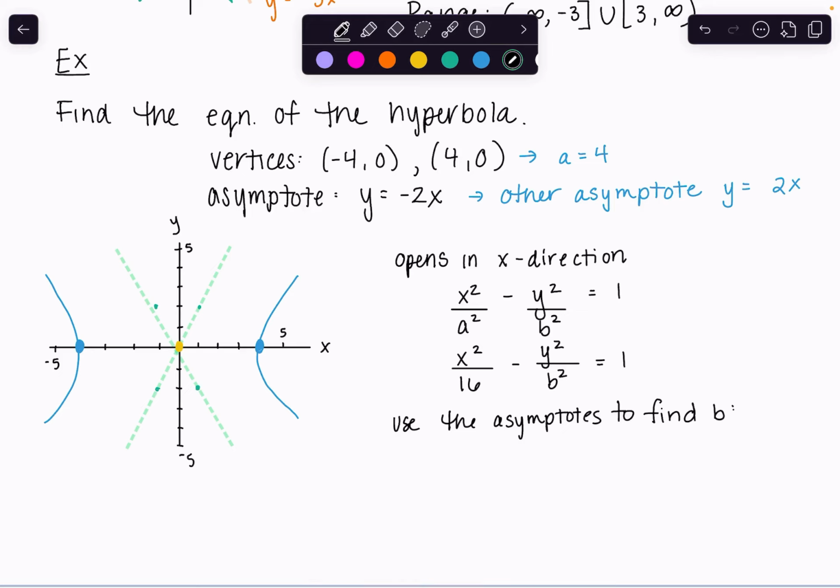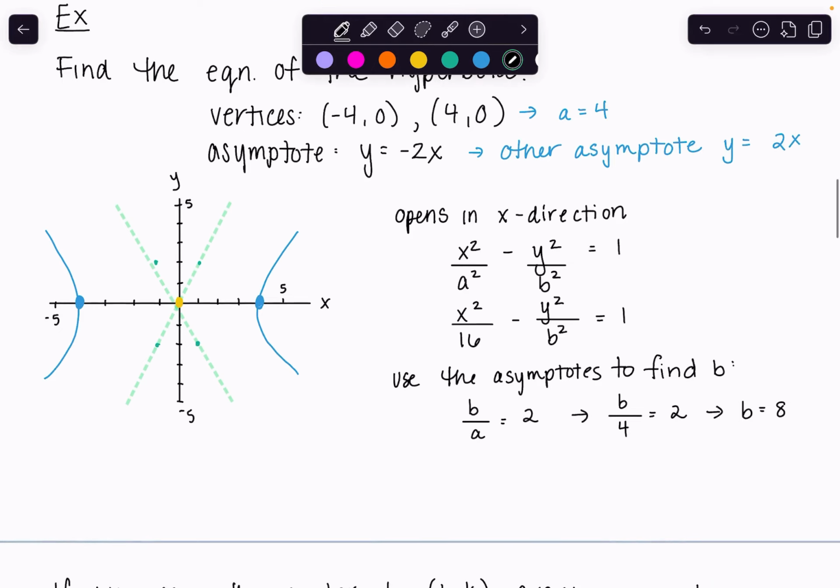So I know that ratio, B is underneath Y, A is underneath X. This needs to equal 2. Well, I know my value of A, so B over 4 needs to equal 2, which then immediately tells me my value of B is going to be 8. So that's what goes underneath my Y value.